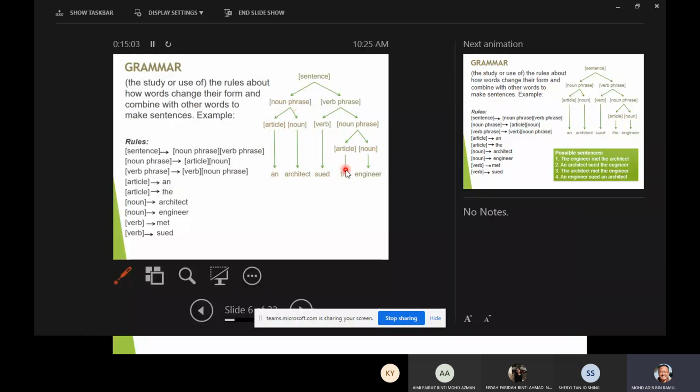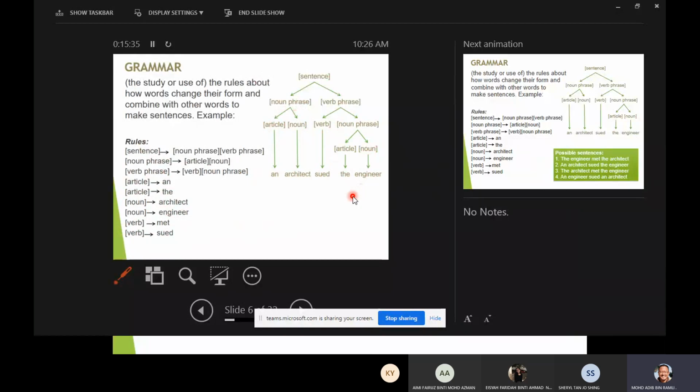For this article, you can use either a or the, and finally, for the last noun, you can use either engineer or architect, right? Based on the selection. So the first sentence that you would create using these rules is an architect suit the engineer, right?